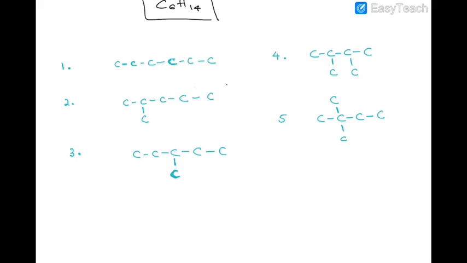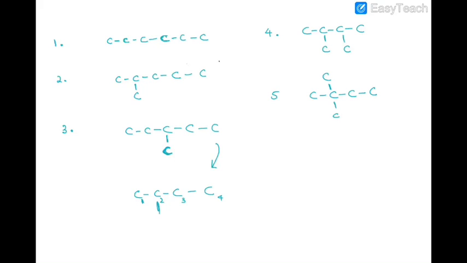Now, if we keep on moving the carbons, let's label the carbons. We've done carbon 2, and we've moved to carbon 3. We can't move again to carbon 4 because this one would be equivalent to this one.